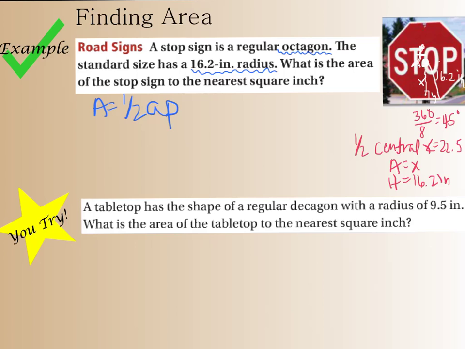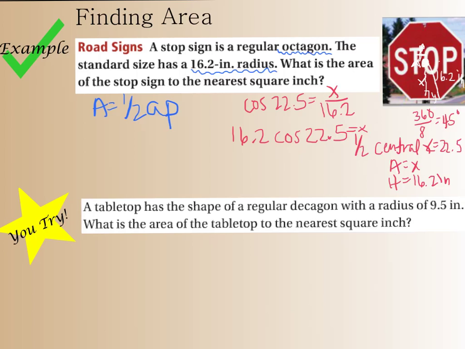So I can set up an equation, cosine of 22.5 equals adjacent over hypotenuse. Okay, cool. So my X is on the top. That means I multiply these two things. 16.2 cosine 22.5 equals X. I put that in my calculator.